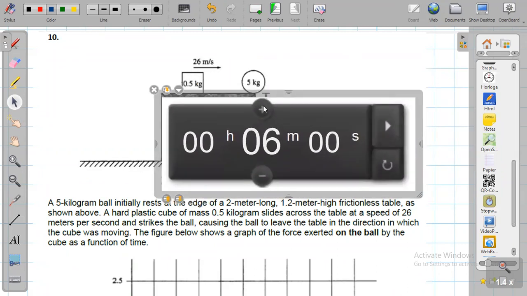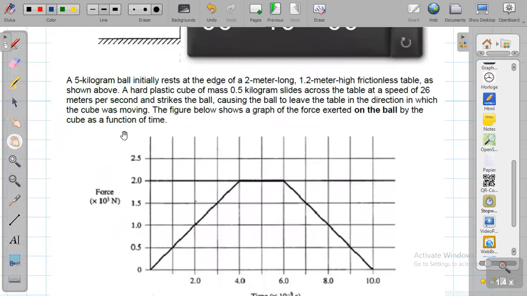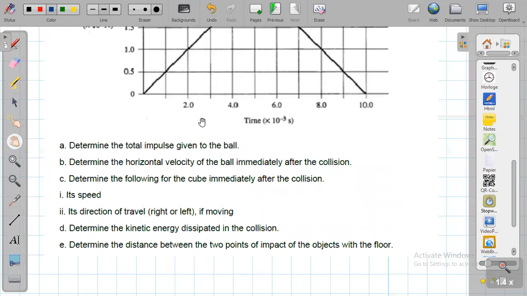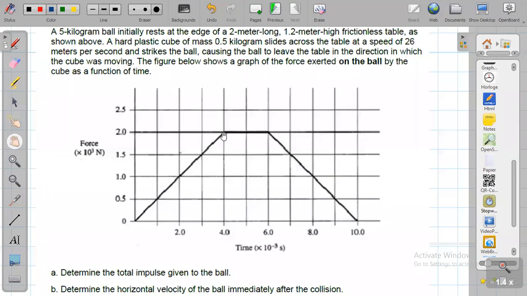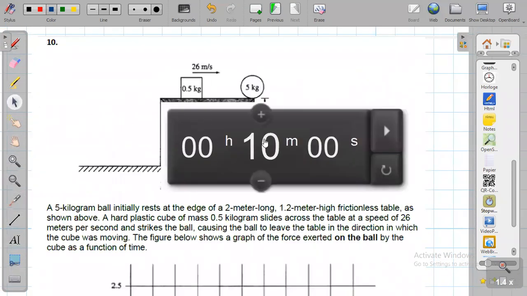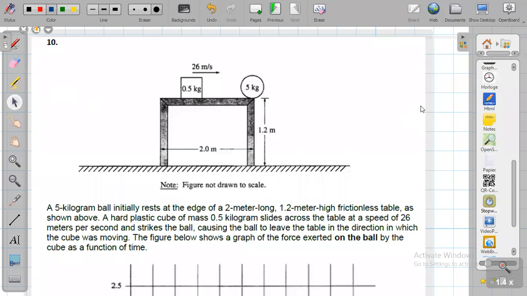Let's do the 10th one. Give ten minutes for that. Let's see if ten minutes is enough. Enough. Give 12. I'll give you 12 minutes. Okay, let's start. Time is over now.